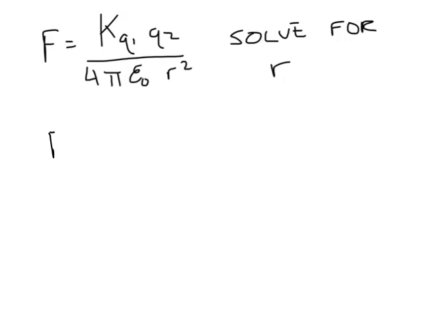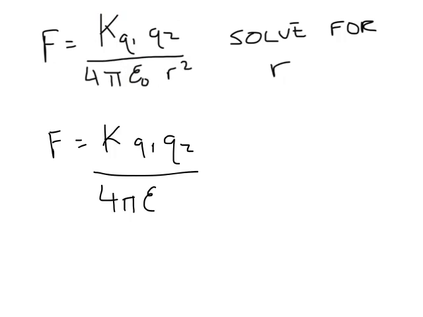It's kind of an ugly equation, but if we're solving for this R, it's not going to be any problem at all. I'm going to go ahead and multiply both sides by R squared to get it out of the denominator.